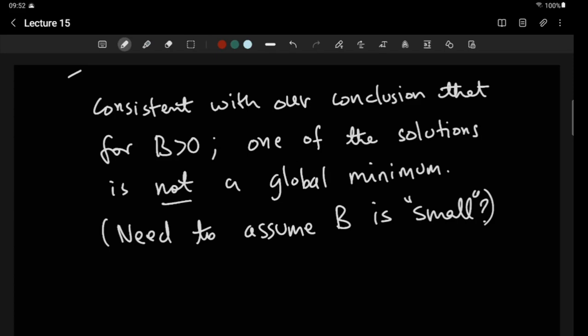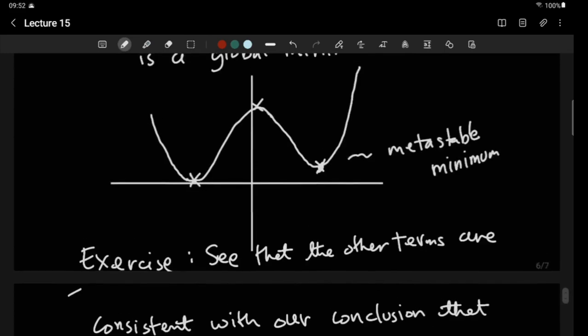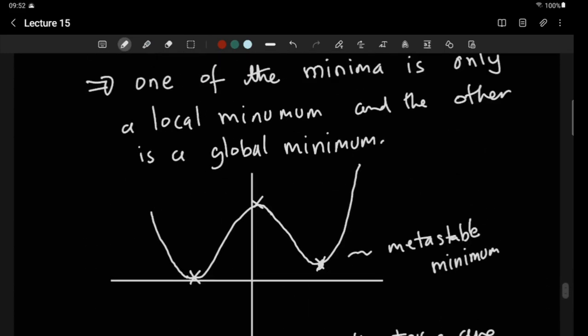Tunneling is a quantum concept. The quantum effect will take you from one minimum to another, or from one local minimum, so in the metastable case, it will tend to go to the ground state.